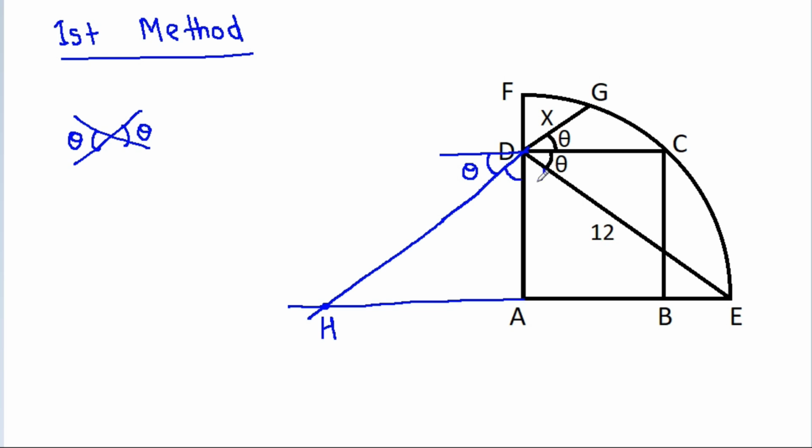So these two angles will be also equal. They will be 90 degree minus theta, 90 degree minus theta, and these angles will be 90 degree.